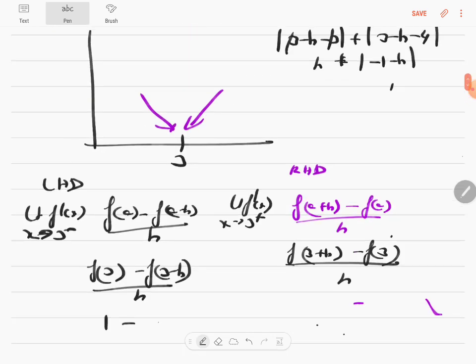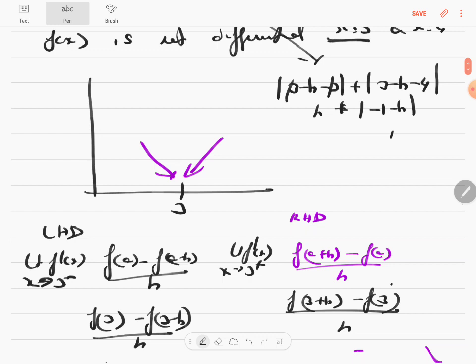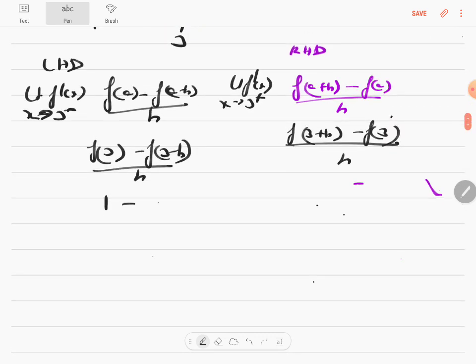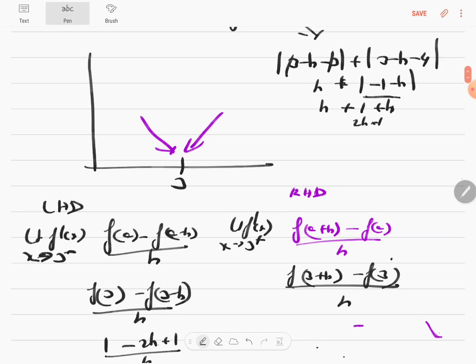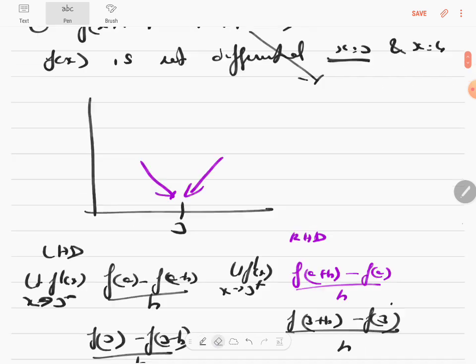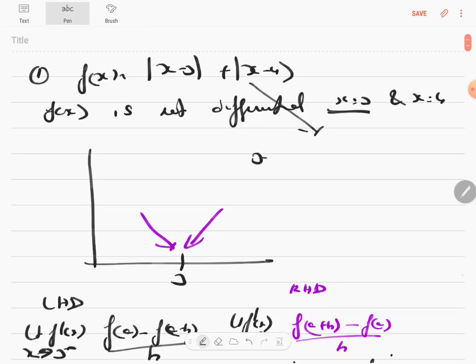Okay, look at this. What is this that you're getting here? It is h, and with the mod function, it is plus 1 plus h. So it is 2h plus 1 by h. Okay, I'm trying to do it again. 3 minus h. Wherever x is, I'm putting 3 minus h. So 3 minus h minus 3 plus 3 minus h minus 4.